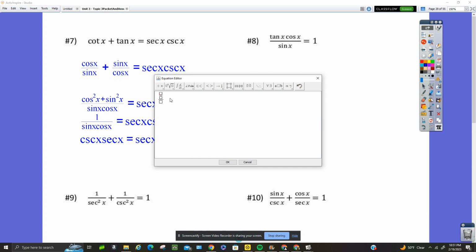Sine x cosine x. I'm going to multiply that by cosine x and sine x on the bottom.